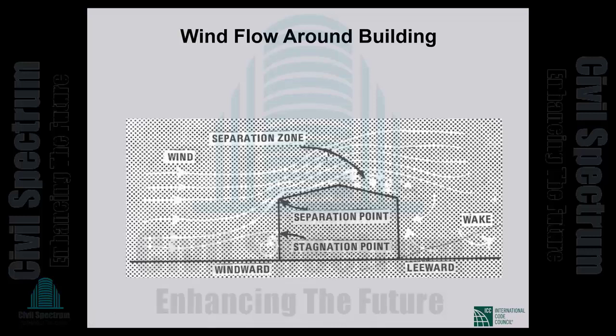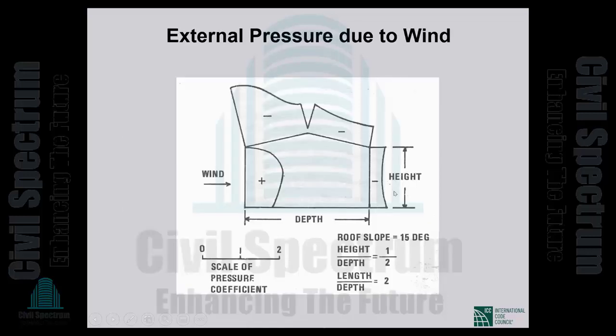And in the process of doing that, it applies pressure to the windward face of the building. It actually applies suction, negative pressure, to the leeward face, the side faces, and also the roof of the building. So this is typically the pressure distribution. So this is the windward face, the roof, the windward roof, the leeward face, and there are obviously two side faces.